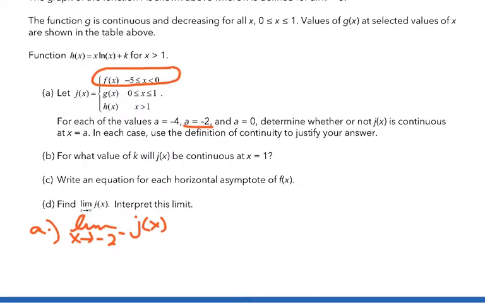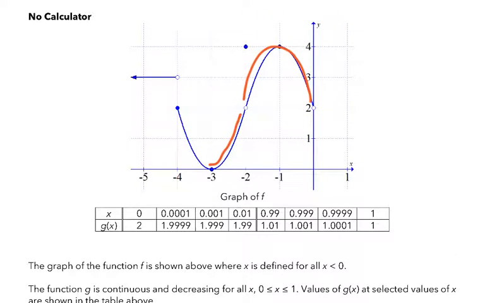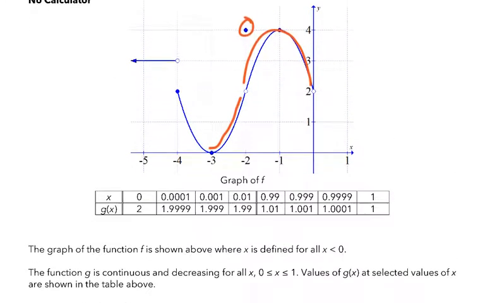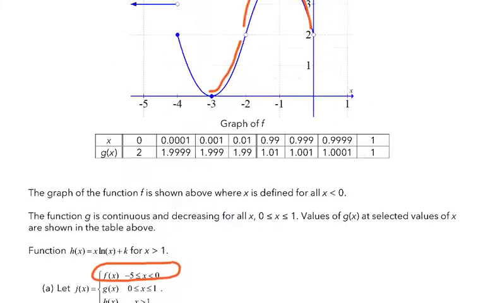So the limit as X approaches -2 from the left of J of X is equal to the limit as X approaches -2 from the right of J of X. And it's equal to 2. But although the limits are equal, they're not equaling J of -2, which is equal to, what was it, 4, I think?